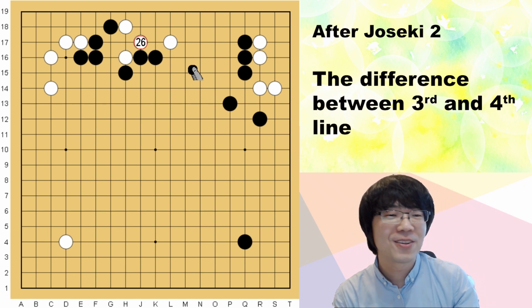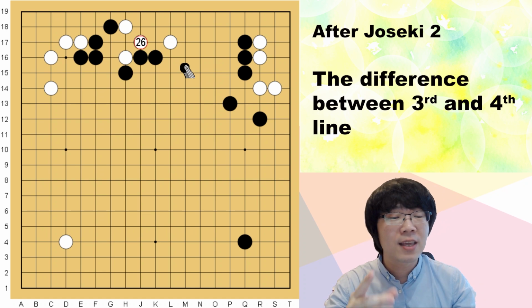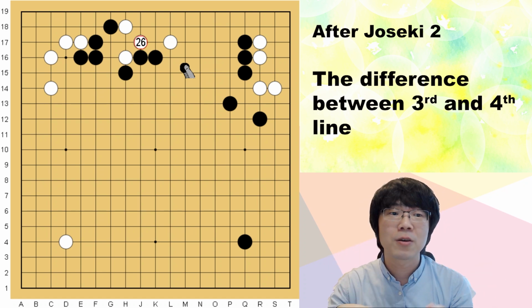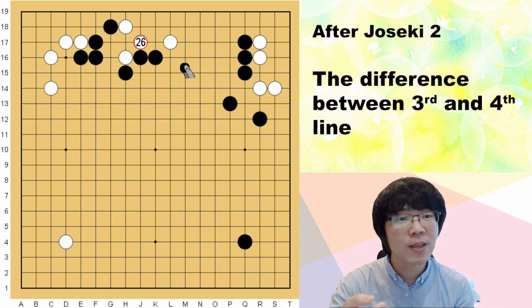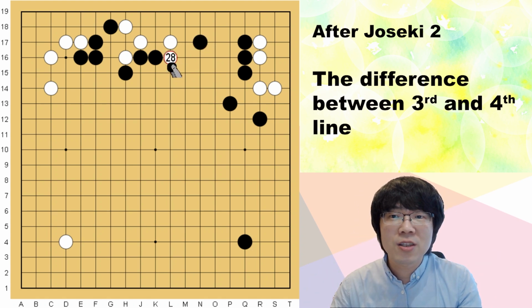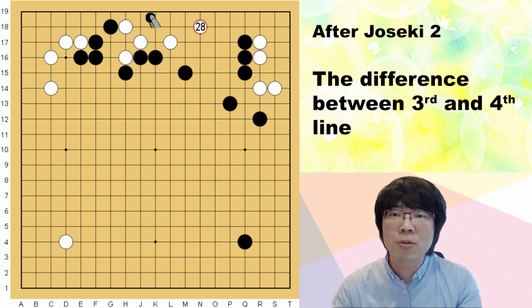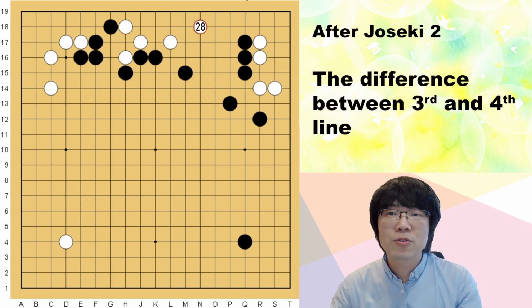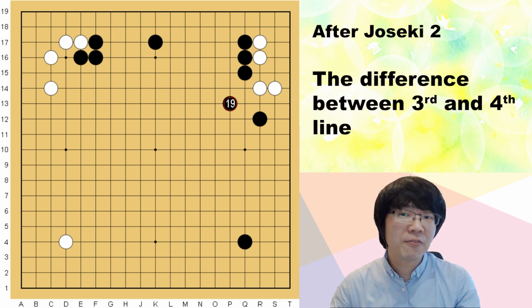So about the invasion part, I can just tell you the basic pattern, but after that you have to keep trying. If black plays here, then you have to keep trying to go out to the center. If black surrounds from the center, you have to try to make a base. So now they are different, something like that.